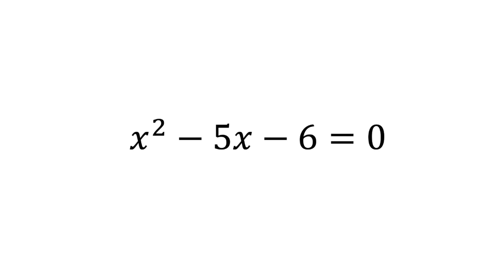Because they multiply to +6, so I need to make this a negative. So you need to make what a negative? Something in the parentheses, like within them. So you're trying to find two numbers that multiply to -6 and add to -5.